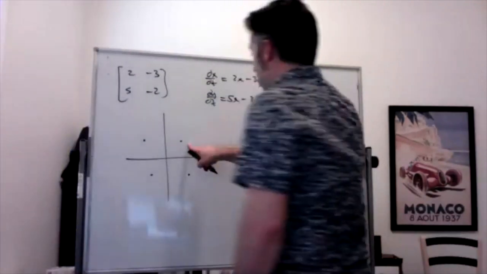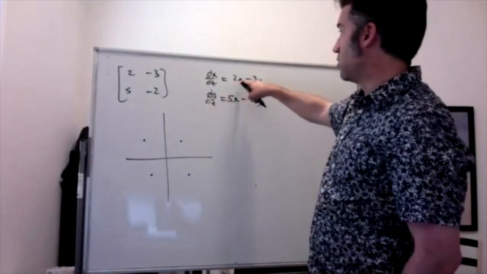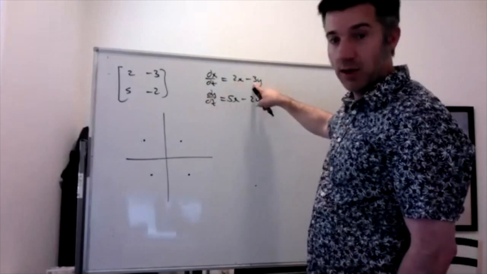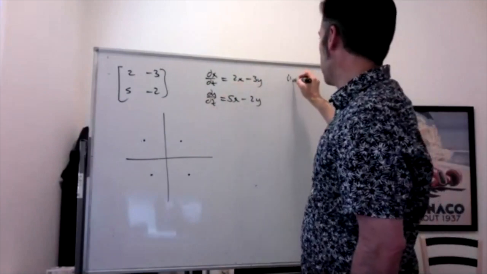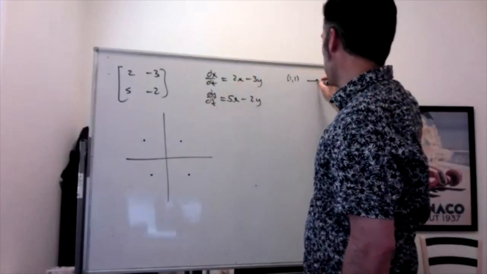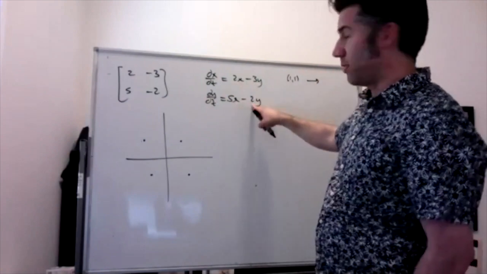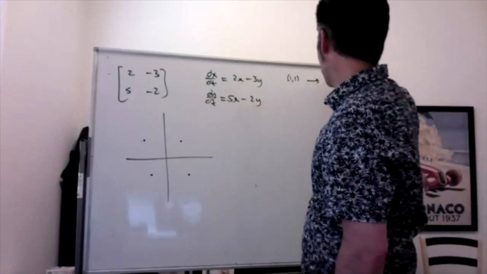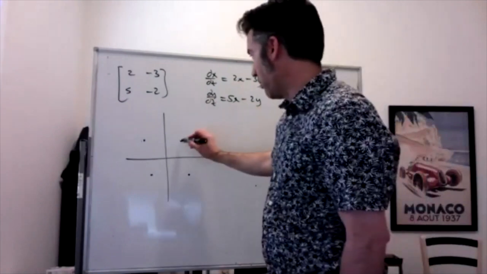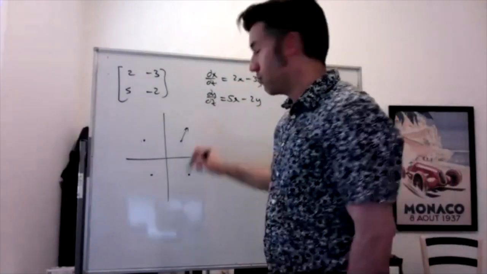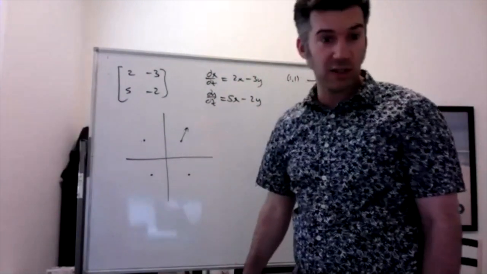I pick (1, 1). This is going to be 2 minus 3, which is -1... I mean 1 over, and for dy/dt I'm going to get 3, so it's going to be over and up. More up than over, right? It's 1 over, it's 3 up.